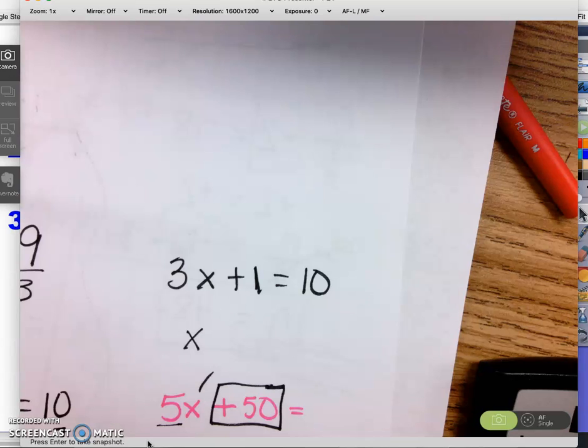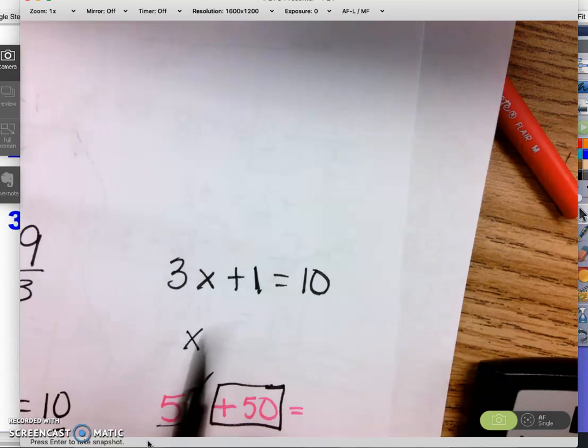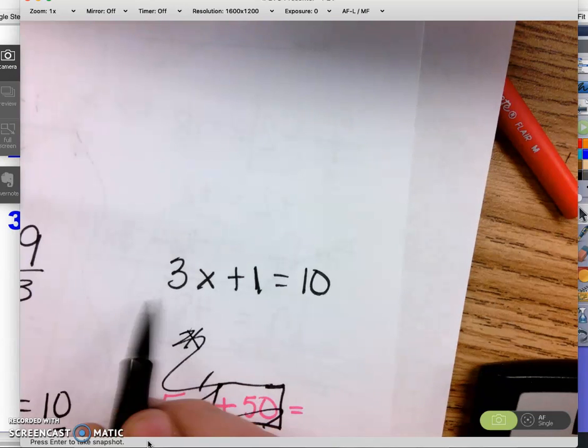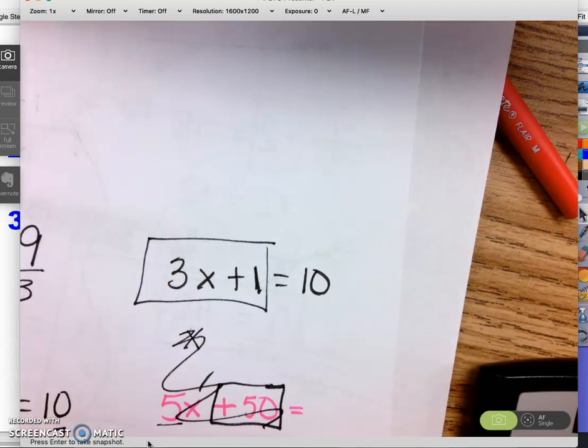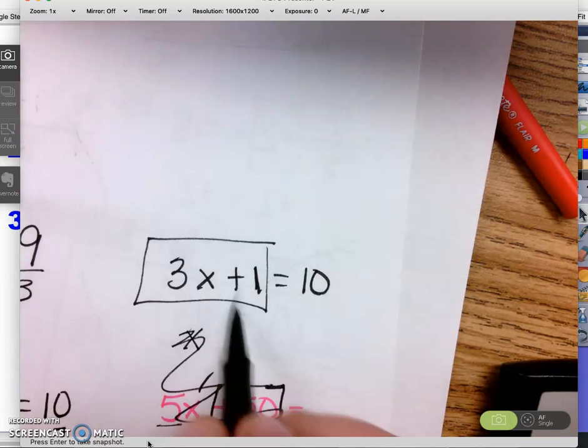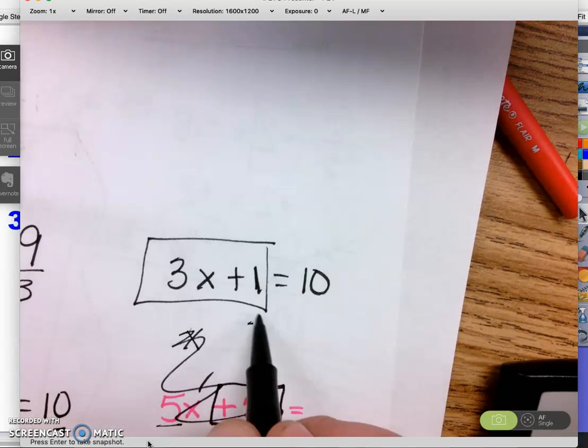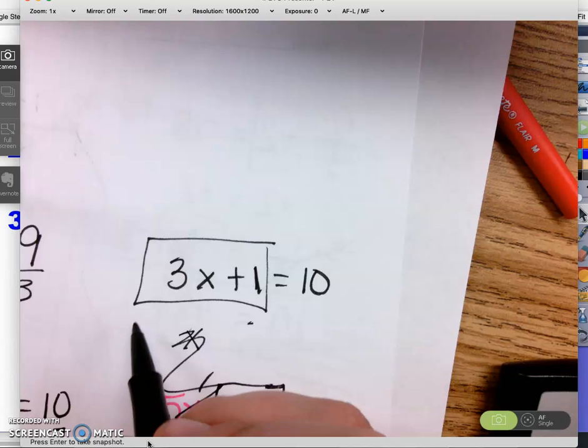How do I know which one I get rid of first? Well, I want to do the one that's on the side with my variable. See the difference between 1 and 10? The 1 is on the side with the variable.